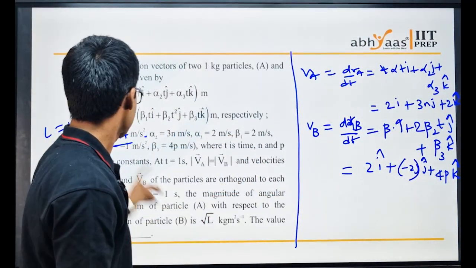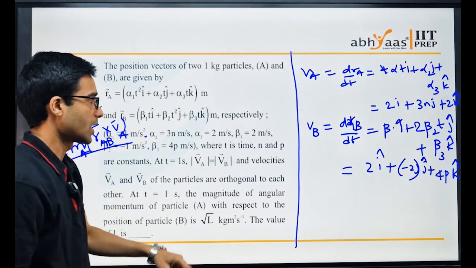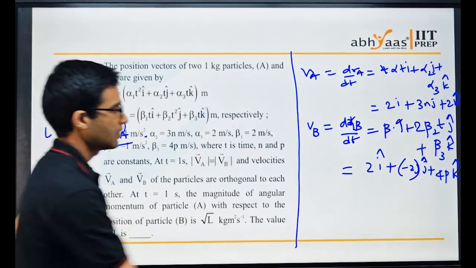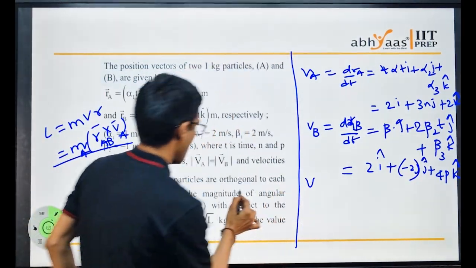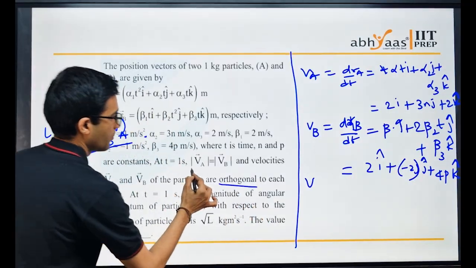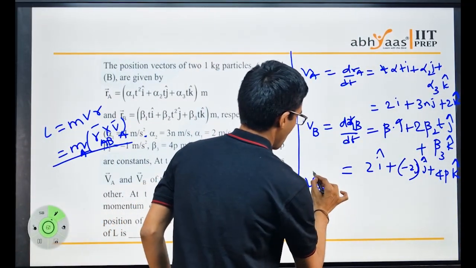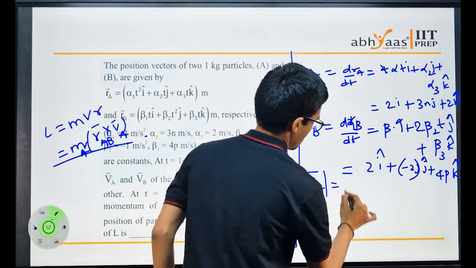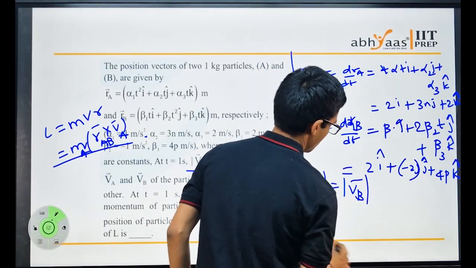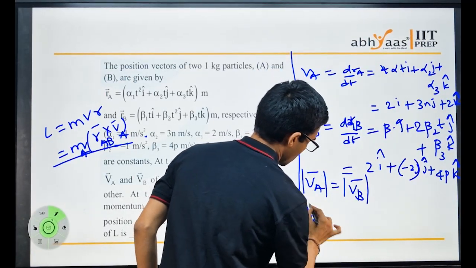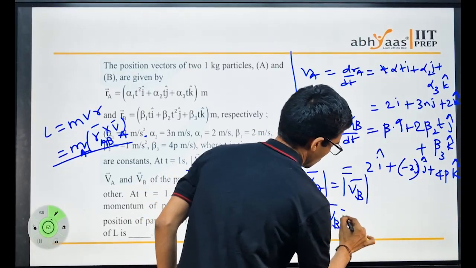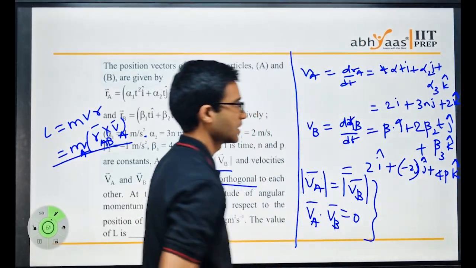Another thing, VA we calculated, VB we calculated. He has also given that VA and VB are orthogonal and the magnitudes of their velocities are equal. So modulus of VA bar equals modulus of VB bar, and VA dot VB is equal to 0. These are the two conditions he has given.